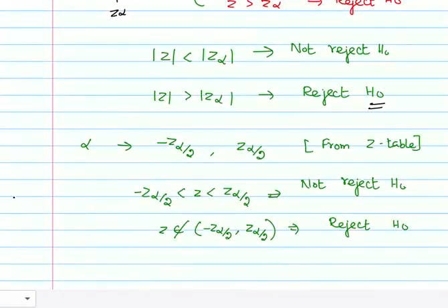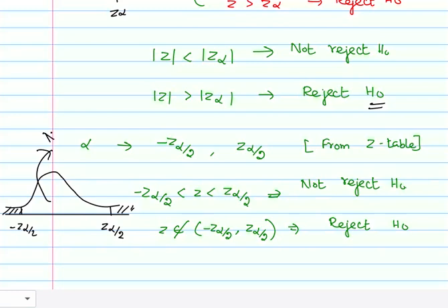For the two-tailed test, whenever alpha is given, you find minus z alpha by 2 and plus z alpha by 2.